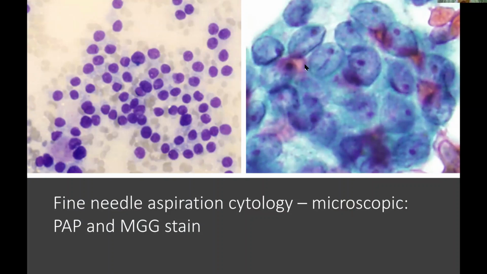Just now we aspirated the thyroid nodules. So you can see these are all thyroid epithelial cells. Is it abnormal or normal? Actually, it's abnormal thyroid epithelium. We need to analyze the individual thyroid epithelial cells. The cells are pleomorphic, meaning they have variation in size and shape.